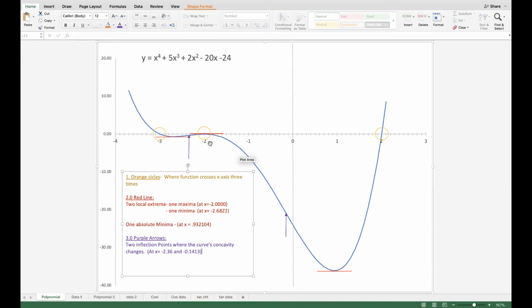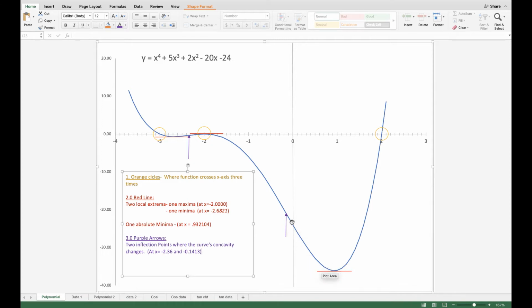And it's dome shaped all the way to this point here where we have the value minus 0.143, where the shape of the curve changes again to become cup shaped.